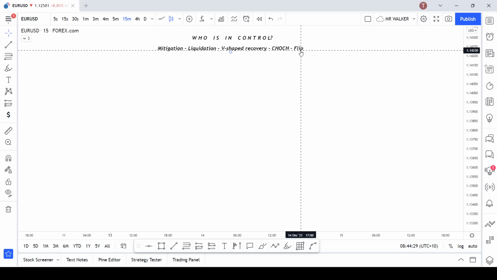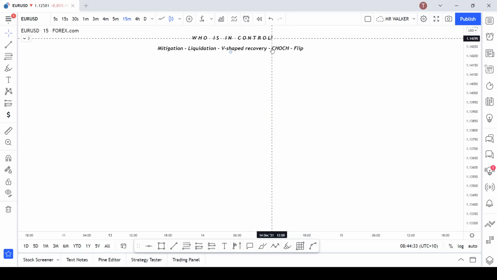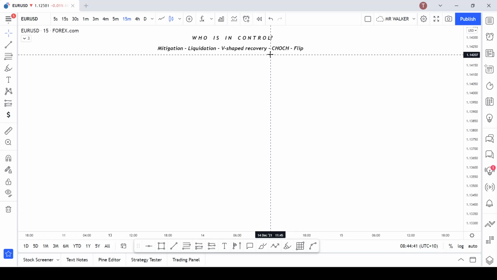Okay, because the flip shows and answers the main question, who's in control, and we always want to be looking at the trades that actually follow the direction of the price and follow the direction of the intentions of the banks and financial institutions, that actually show who's in control.